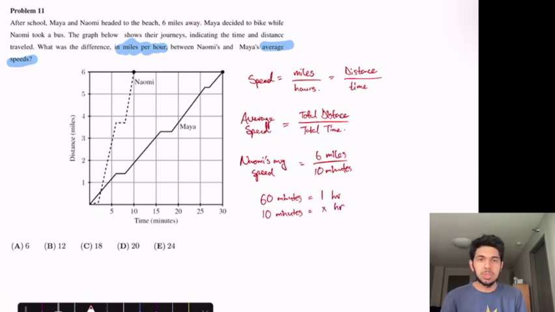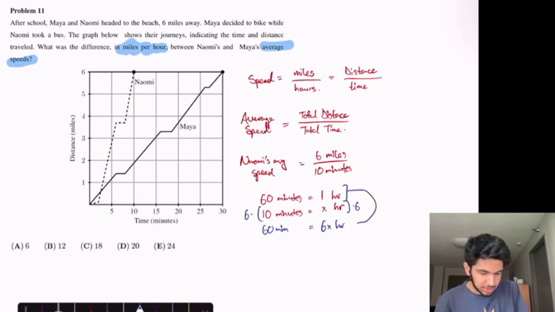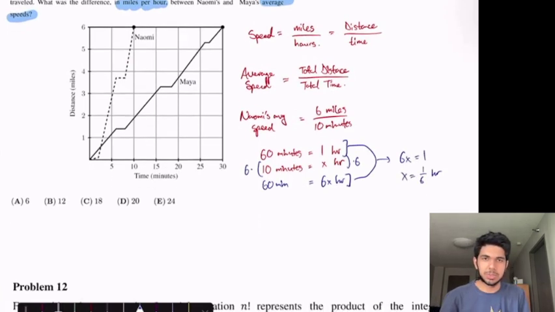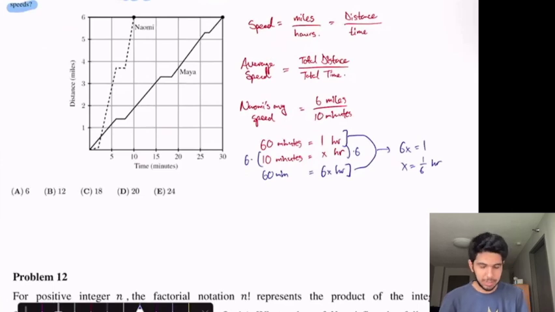So what we can do is multiply the bottom equation on both sides by 6, and we get 60 minutes is equal to 6x hours. Well, we know that 60 minutes is 1 hour, so we'll use these two results to get 6x is equal to 1, or x equals 1/6 of an hour. So 10 minutes is equal to 1/6 of an hour.